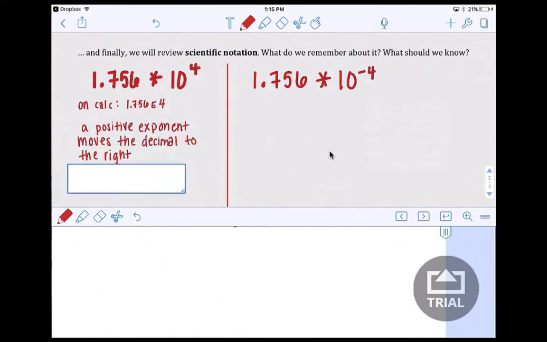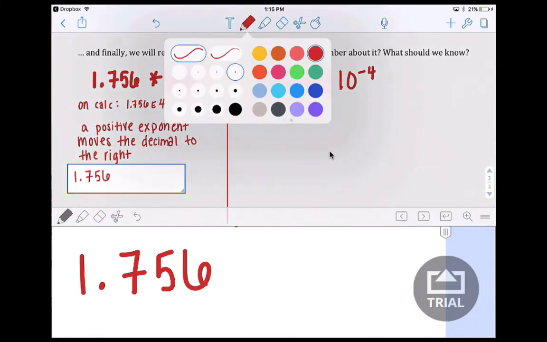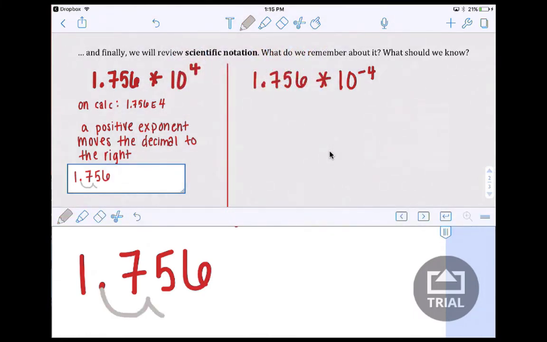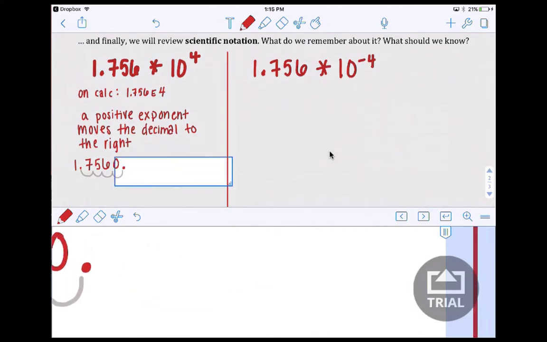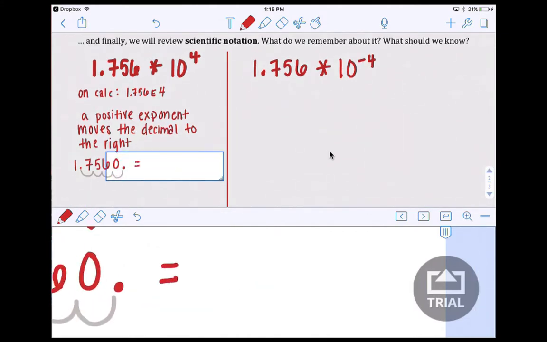And what I mean by that is if I have 1.756, I'm going to move that decimal place 1, 2, 3, 4 to the right. And everywhere I have an empty space, I fill it in with a 0. For my final answer to be 17,560.